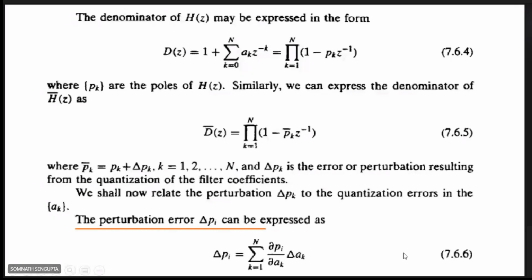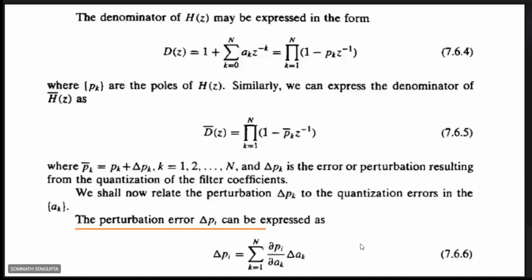So there is a change in each filter coefficient ak, that is delta ak. So what is the change of a pole for each individual filter coefficient? It is not that the magnitude of one pole will depend on the magnitude of one coefficient. It will depend on all the filter coefficients. So this is given by delta pi, or perturbation error.